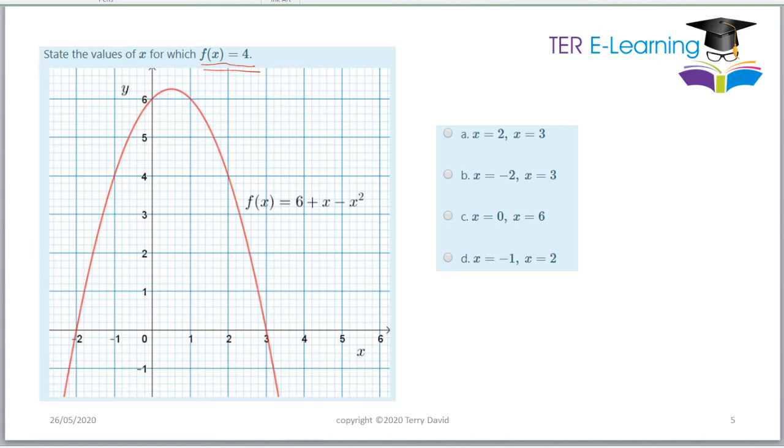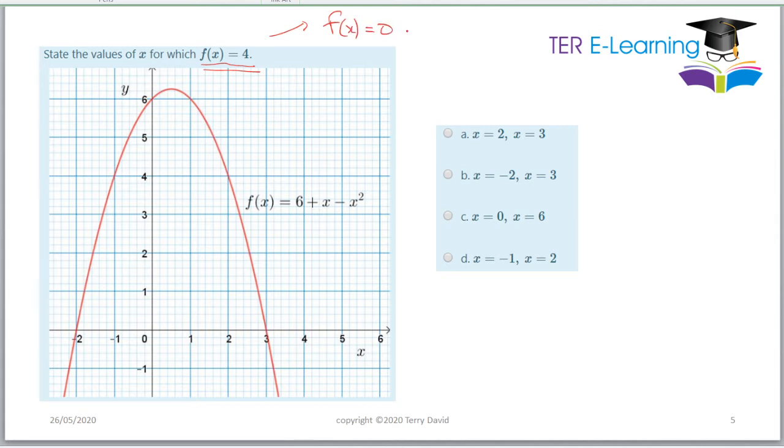All right, so I see Danica saying B. All right, so Danica is saying B, right? But B cannot be correct because the question is not asking me where f of x is equal to 0, you know.